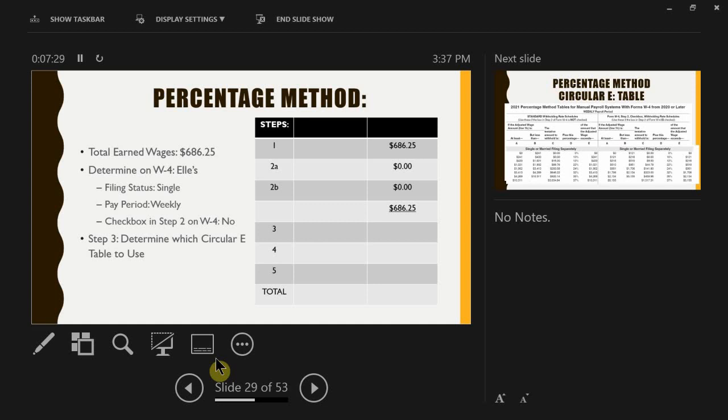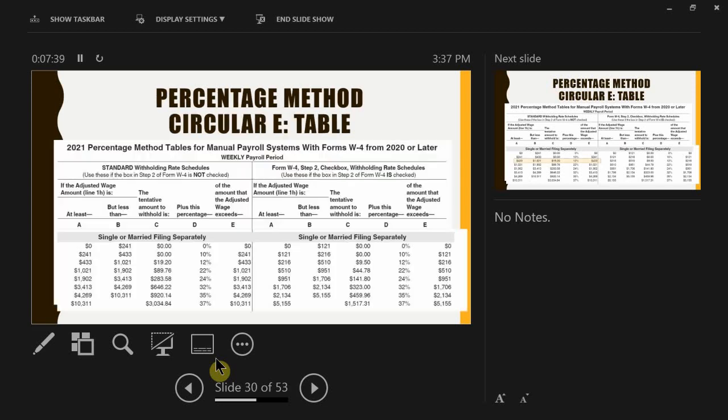Okay, so here, this is what we have to remember. $686.25 is our adjusted amount of earned income. So now we're going to go into the table. We are in the weekly table. She is filing as a single person.